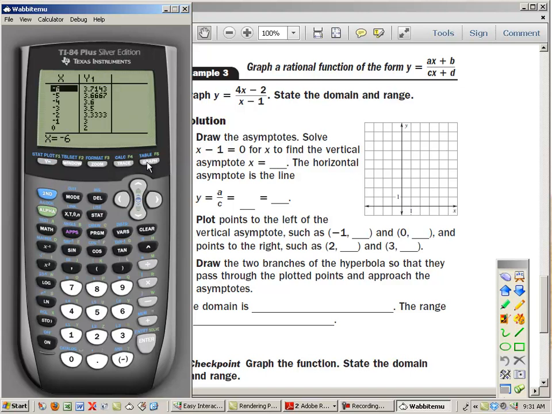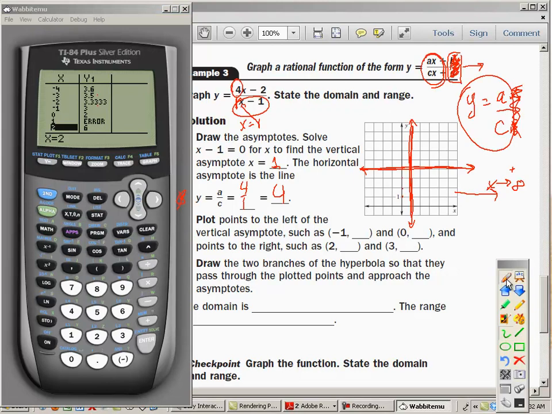Okay. We want to pick some values to the left and to the right, and my vertical asymptote is at positive 1, so let's pick some values to the left of that, like negative 1 and 0. Here are the points they've chosen: when x equals negative 1, y is equal to 3, and when x equals 0, y equals 2, and so we put that there.